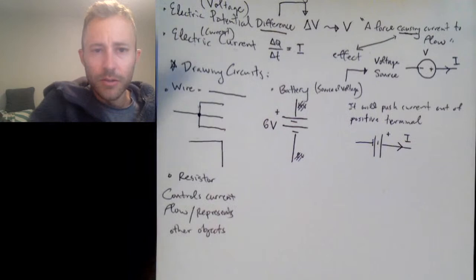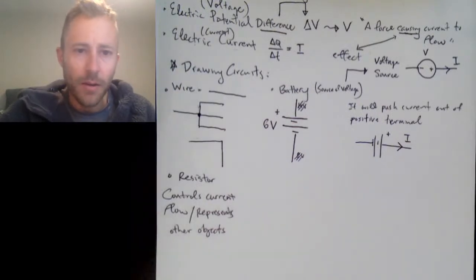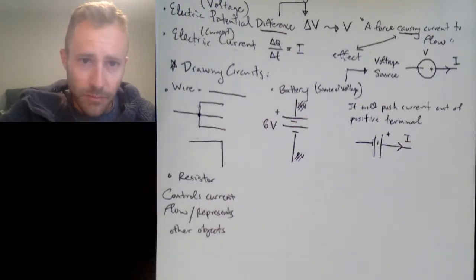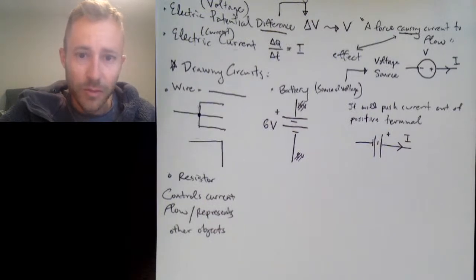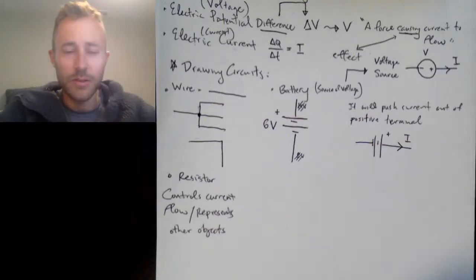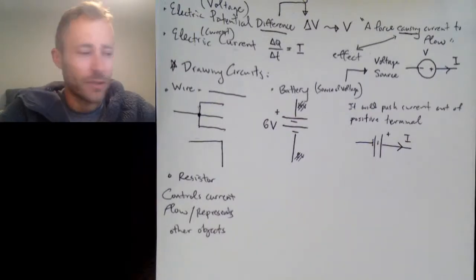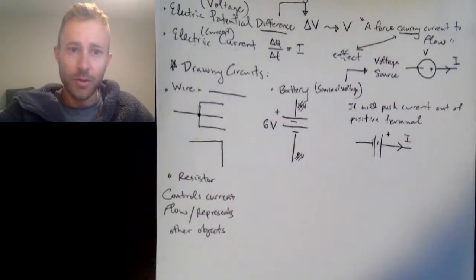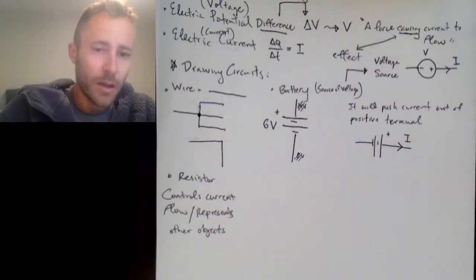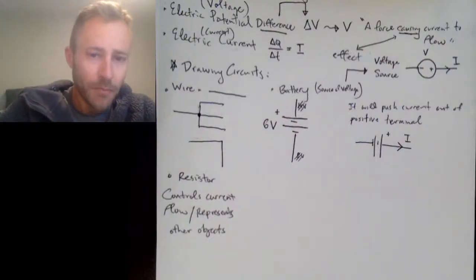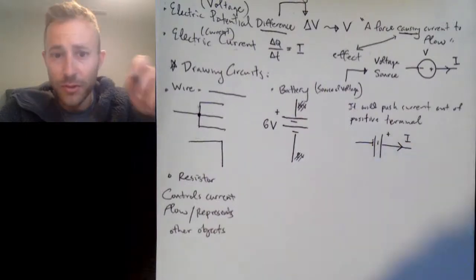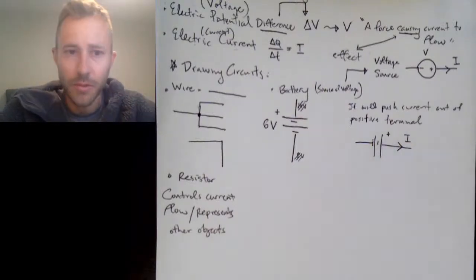So for example, a light bulb is a resistor. If you put a light bulb in an electric circuit, it resists the flow of current, but in doing that, it provides us with light. So we might draw the light bulb as just a resistor, but really it's representing something else.